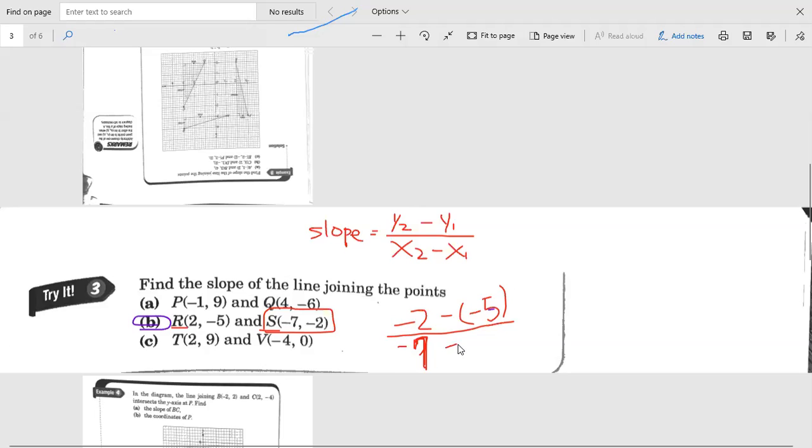And then minus x1. Dylan, what is x1 for this? What is x1 for question B?